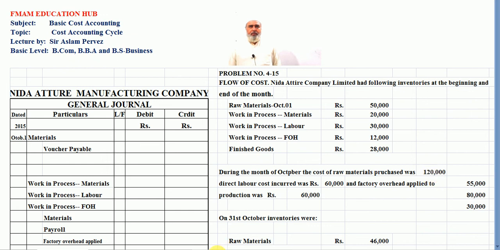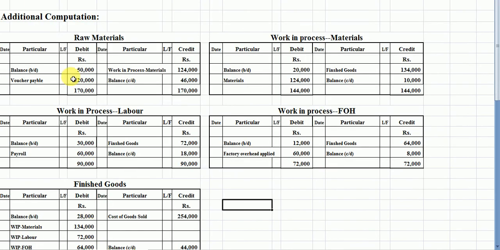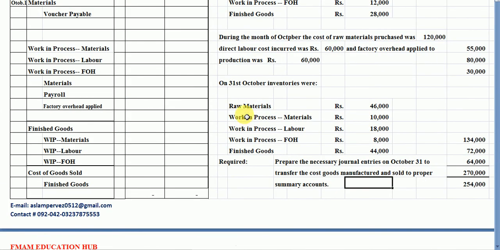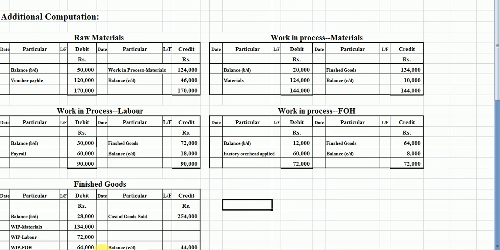1,22,000 rupees, which is put in the given ledger on the debit side, 50,000 rupees and 1,20,000 rupees as a debit, and the balancing figure is 46,000 rupees, which is showing as the ending inventory, put in the given ledger as a balancing figure, 46,000 rupees here.